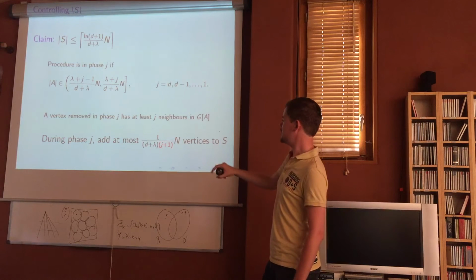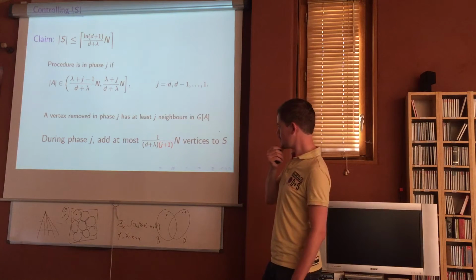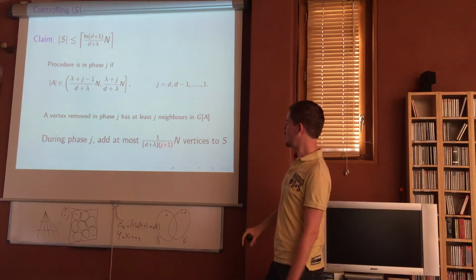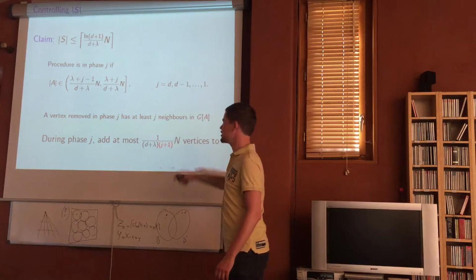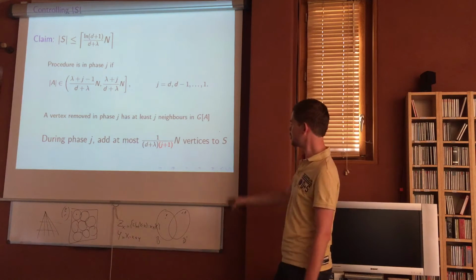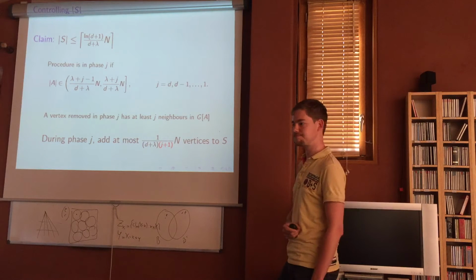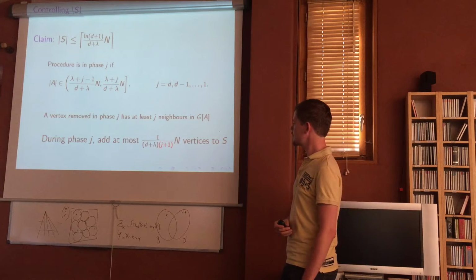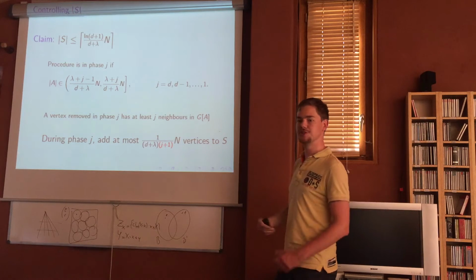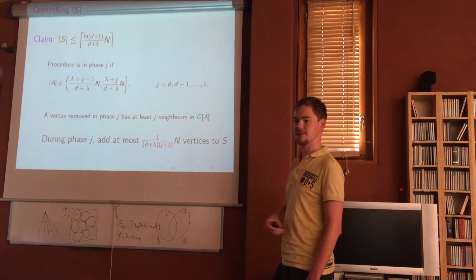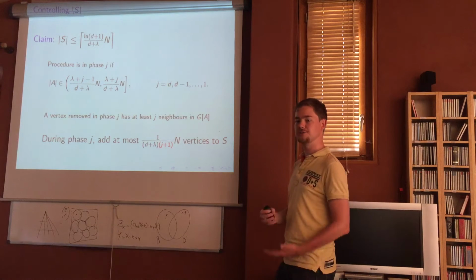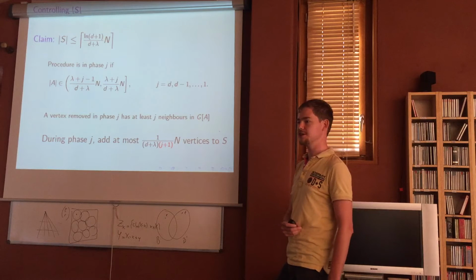So that means that during phase j, which has length 1 over d plus lambda times n, you can add at most this many vertices to S. Because in every step that you add a vertex to S, you kill j plus one of its neighbors. And then you just sum up over all j, so j is from 1 to d, and that gives you the logarithm on top. So that proves the bound on S, and that concludes the proof of the first part.